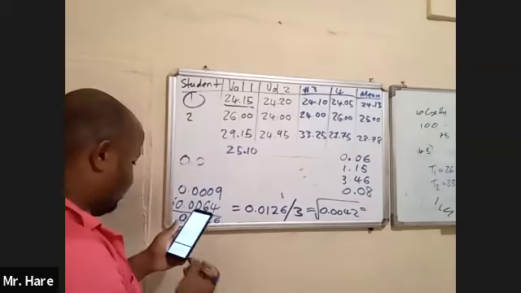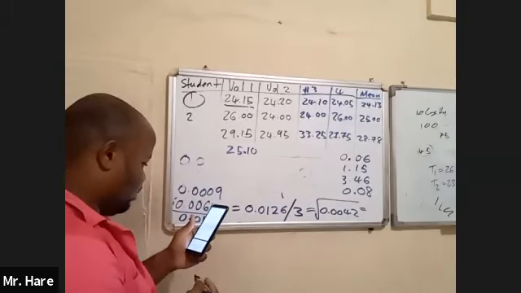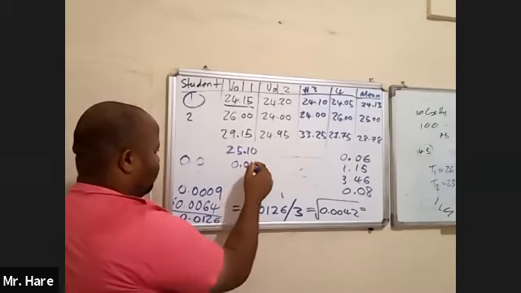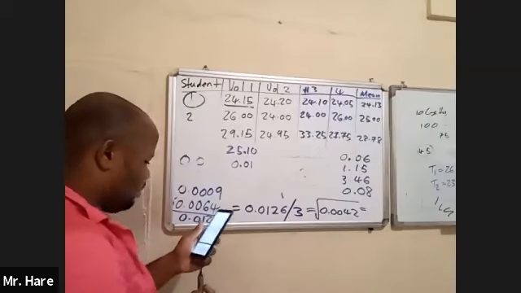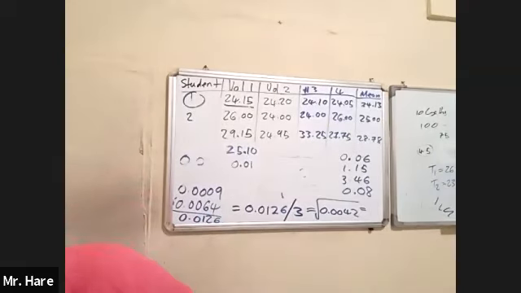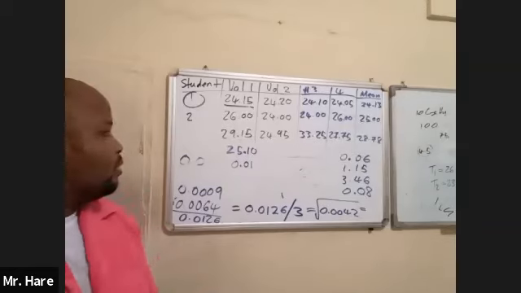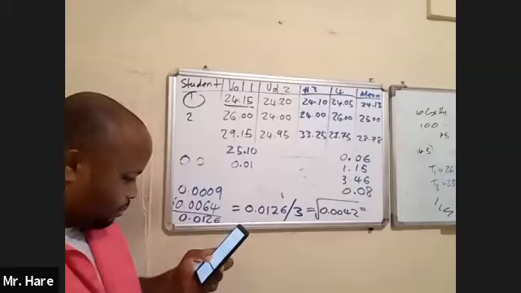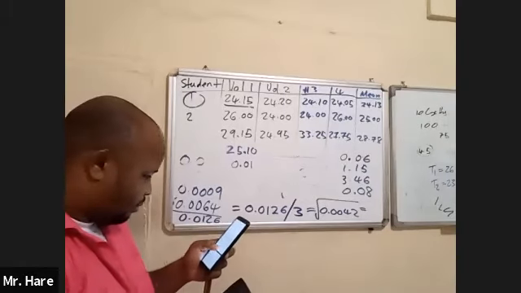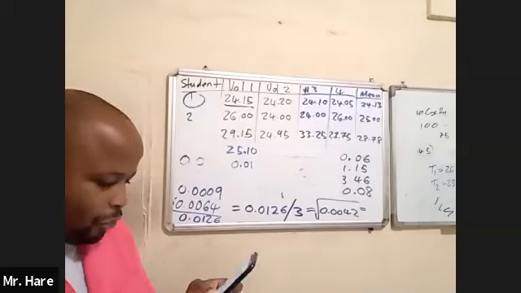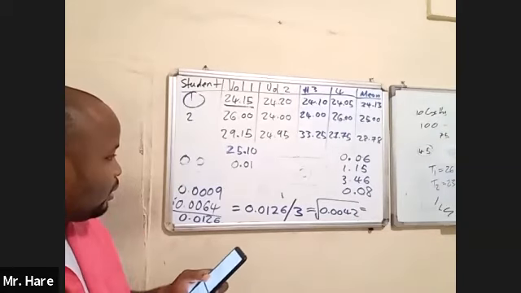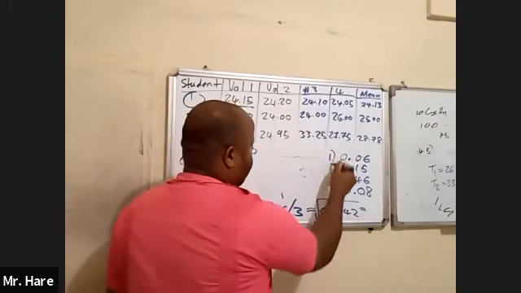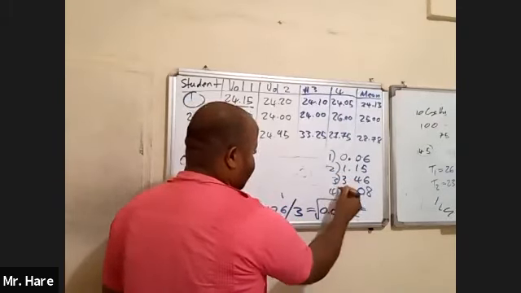I got 0.1, and then when I square it, I get 0.01. But sir, look at the values for student 1 and student 4. They are almost similar, so the SD value for student 4 couldn't be 3 point something. That would be too large. Number 3 is 3 point something. This is student 1, this is student 2, student 3, and 4.